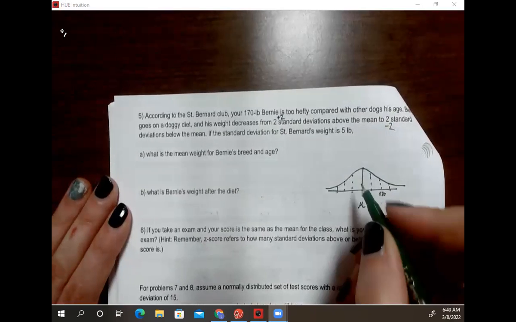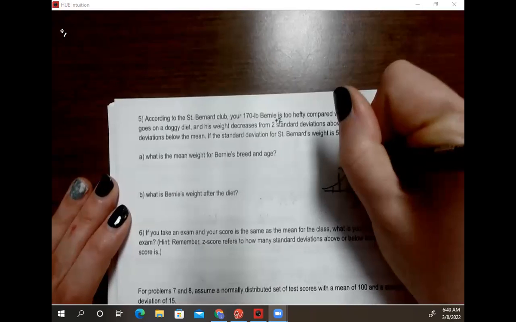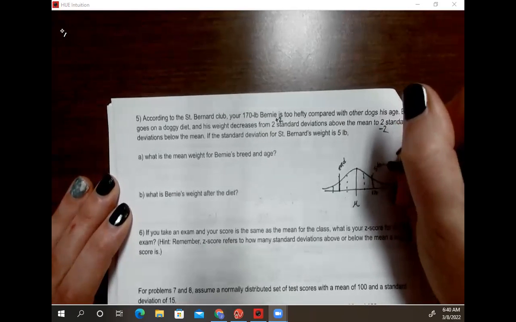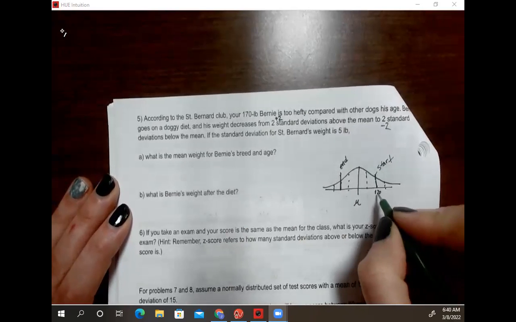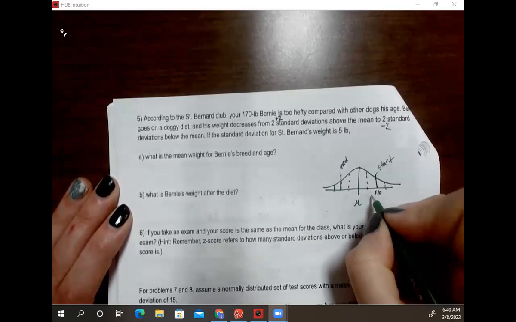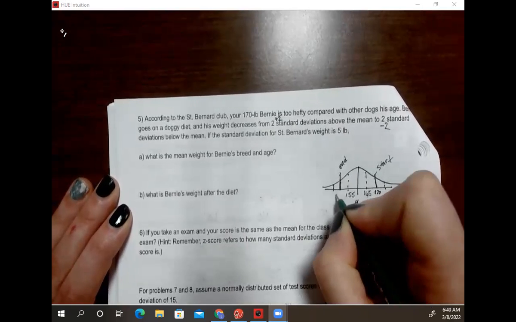We know that he ends 2 standard deviations below the mean. So right here is his end weight. And here's where he started. And then they tell us that the standard deviation is 5 pounds. So that means my labels are going to be in increments of 5. So this would be 165, 160, 155, 150.